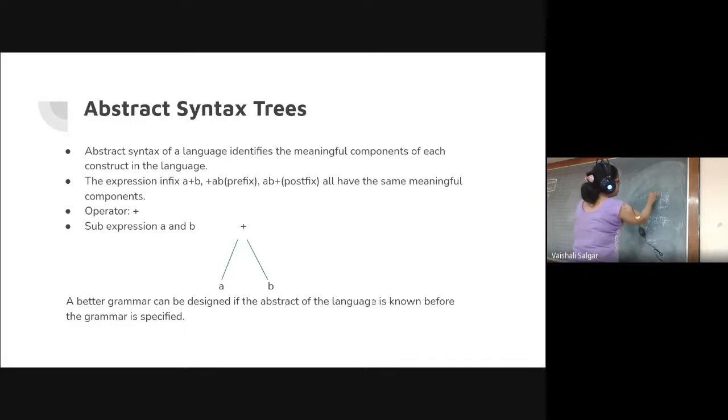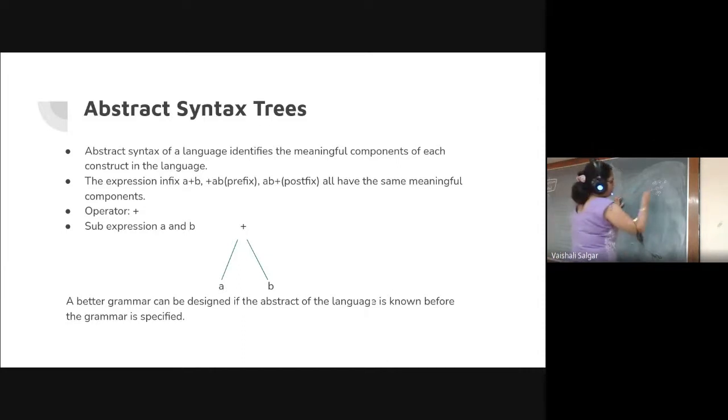I can say this is my name 1, this is my name 2, and this is my operator. So the abstract syntax tree identifies the sub expressions of the given expression and the operators. For A plus B, A and B are the sub expressions in my language, whereas the plus sign is the operator.